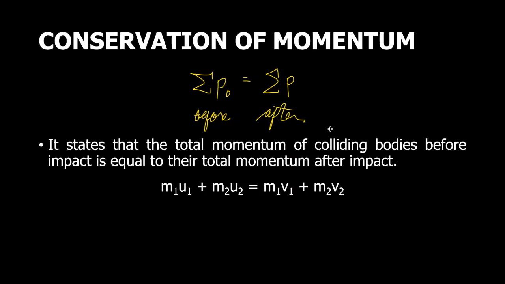Anyways, so kung two-body system, which we will usually use, the sum of the momentum of object 1 before plus the momentum of object 2 before is equal to the momentum of object 1 after plus the momentum of object 2 after.